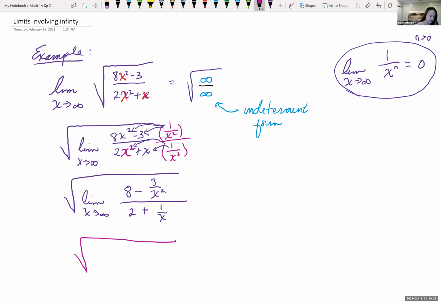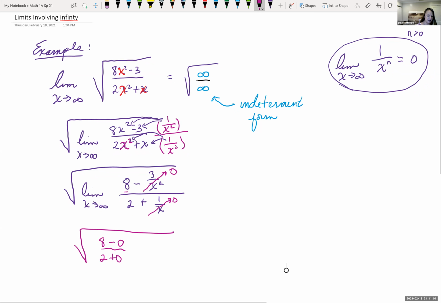So that would be the 8 here. Minus, as x goes to infinity, 3 over infinity squared goes to 0, so this is minus 0, all over the limit as x goes to infinity of our denominator. The limit of the constant is 2, plus the limit of 1 over x as x goes to infinity goes to 0, so plus 0.